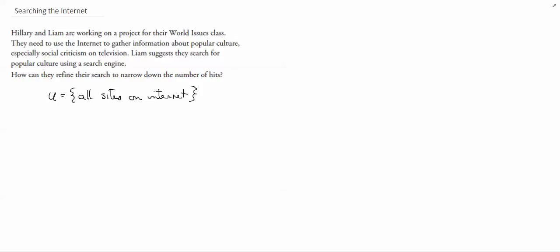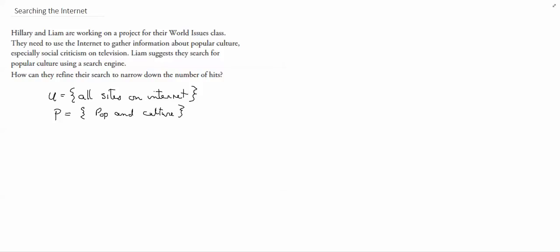And then if we use set P for all of the sites containing the word popular culture, and popular and culture, so it includes the words popular and culture. So that's huge. You can't get to it.